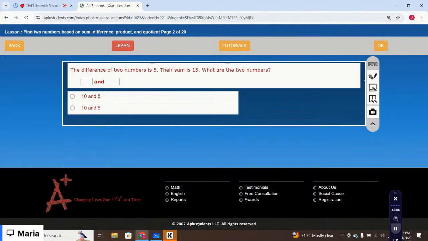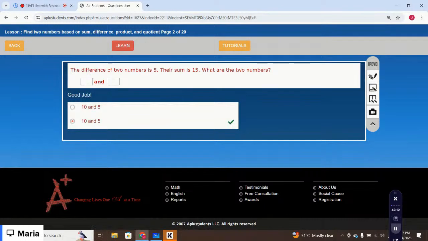Very good. Option 2 is the correct option. 10 and 5 have the difference 5 and their sum is 15.